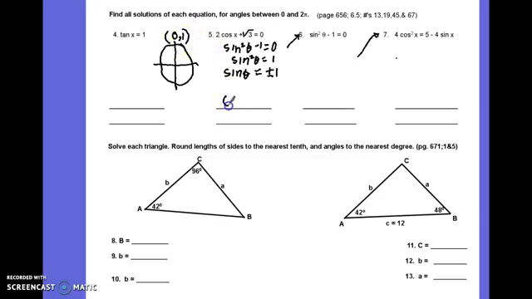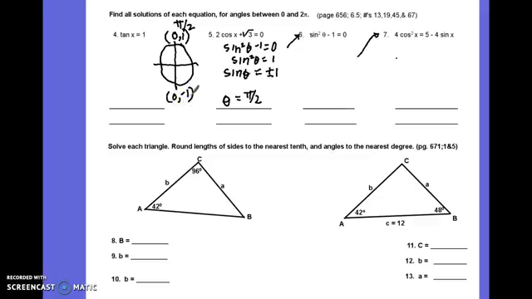So at this position, theta is equal to 90 degrees or pi over 2. Since I said between 0 and 2 pi, you put it in radians, so pi over 2 would be one solution. And the other one, for which sine theta is negative 1, would be downstairs here.